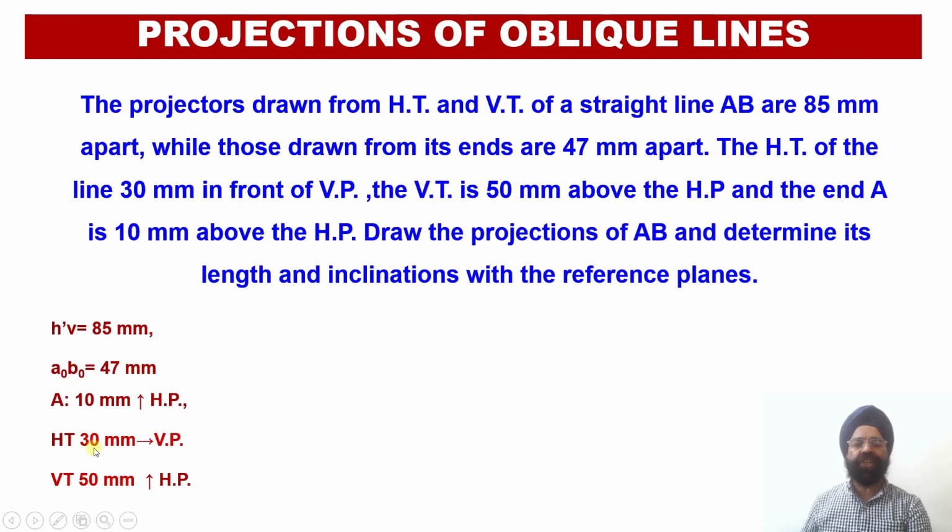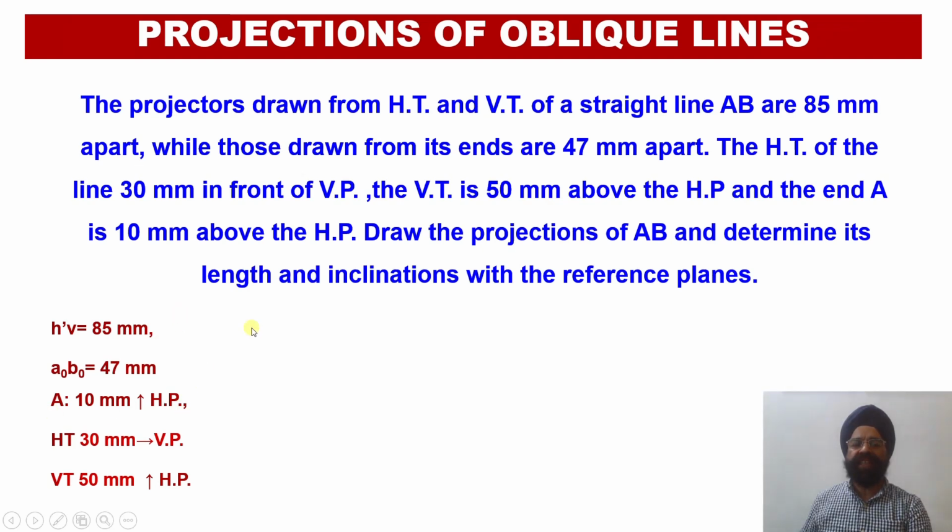So HT is 30 millimeter in front of VP, which will be drawn below the XY reference line, and the vertical trace lies 50 millimeter above the horizontal plane, so it will be plotted above the XY reference line. Besides this, we have been provided with the coordinate corresponding to the end A. The end A lies 10 millimeter above the horizontal plane.